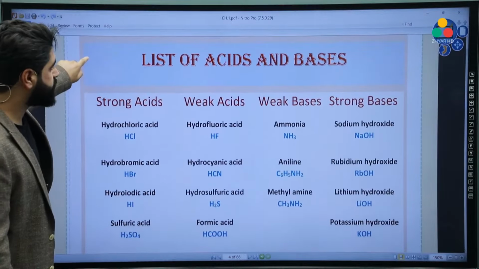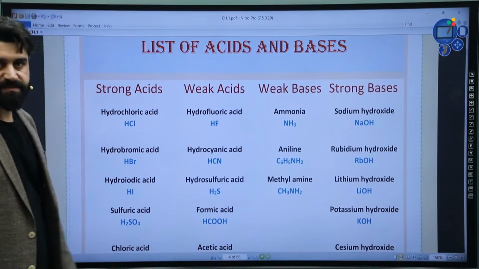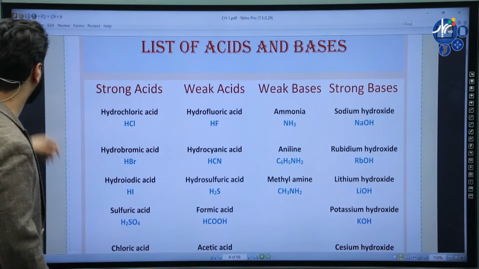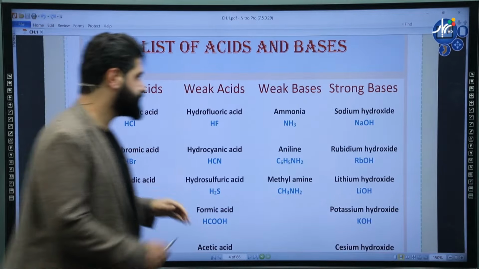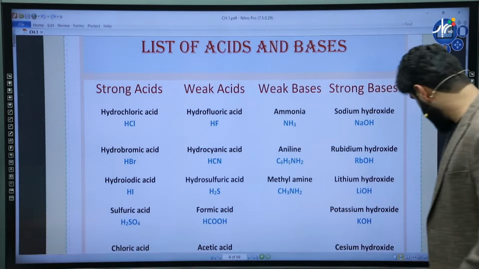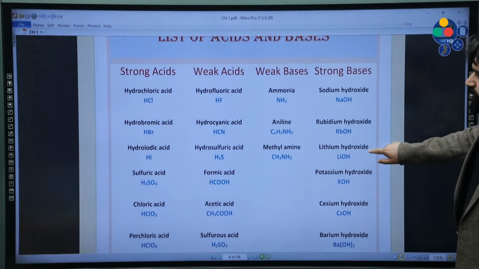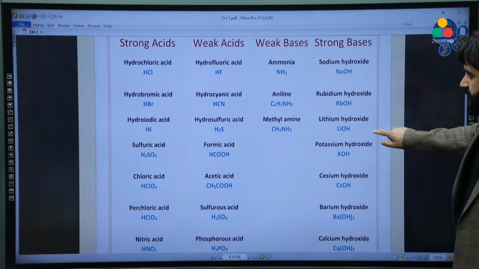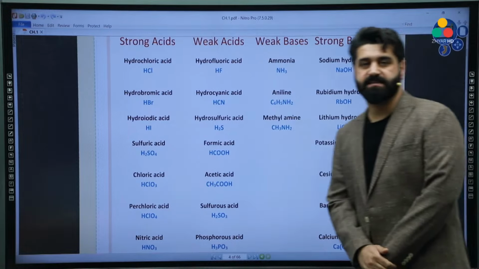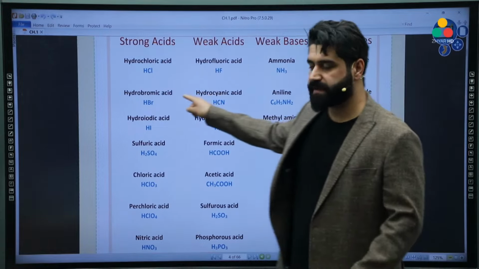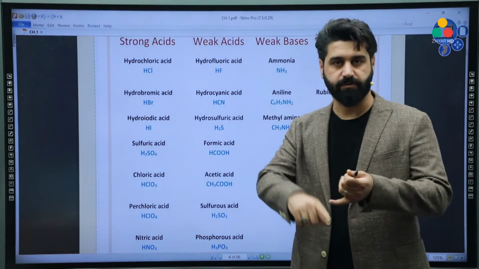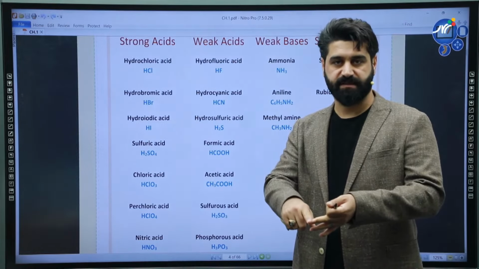Next is the list of strong acids and bases. Again, it's one of the most important pages, so you have to memorize all of them. Let me tell you something: this list of strong acids and strong bases is mandatory for chapter 2, chapter 3, and chapter 6.